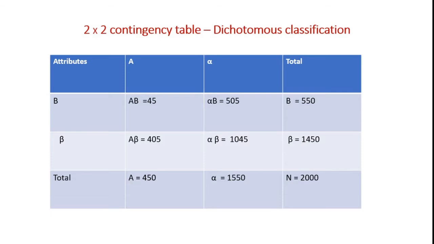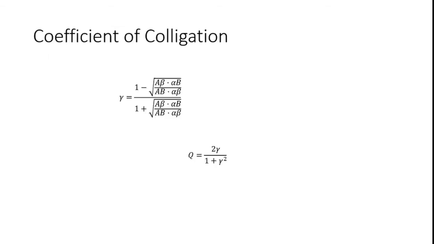So this is a 2 multiplied by 2, or 2x2, contingency table for dichotomous classification, where you have both the attributes on the vertical and horizontal axes, and you have the combinations, and this is how it is represented. And this is not just for 2x2, it can be for any dimensions of the attributes, or the classes of the attributes. You can have a contingency table even for a manifold classification.